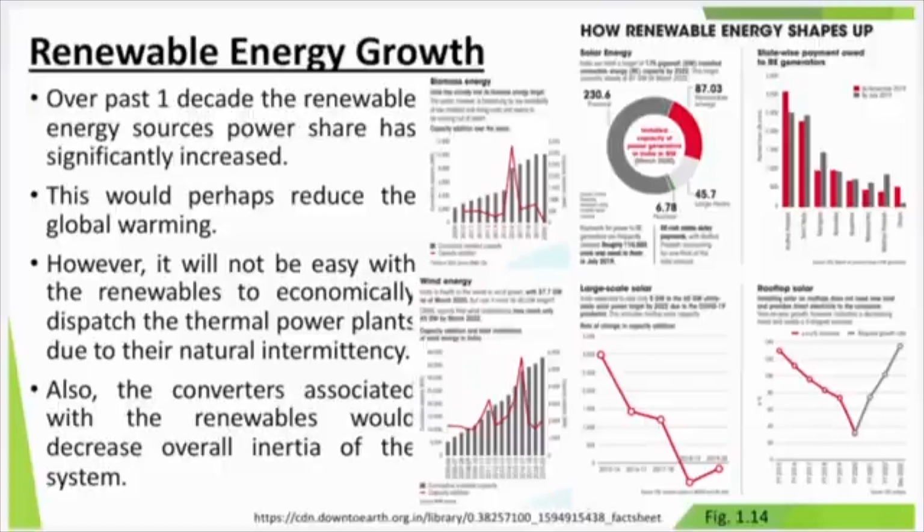But the question is, because renewable energies keep on oscillating, they are intermittent in nature, and you cannot expect renewable power to be produced in a constant magnitude, because the wind may be there, may not be there, sun may be there, sun may not be there. So the generation output from renewable energy installations has an uncertainty associated with it, and hence keeps on varying.